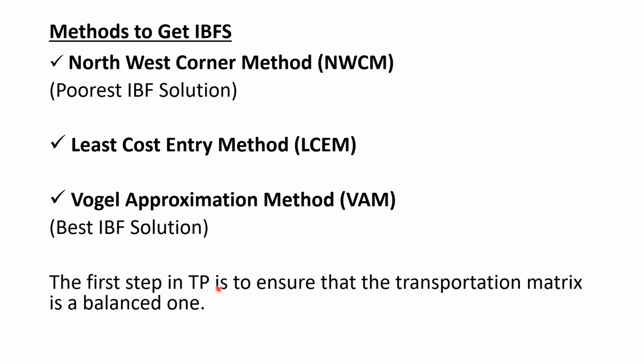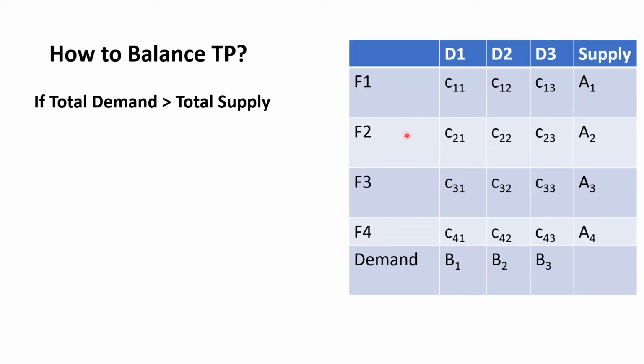The first step in the transportation problem, as we have said, is to ensure that the transportation matrix is a balanced one. If it is not balanced, we cannot proceed further. Now, how to balance a transportation problem? If total demand is more than total supply, that means the summation of B1, B2, B3, which are the demands, is more than the summation of A1, A2, A3, A4.